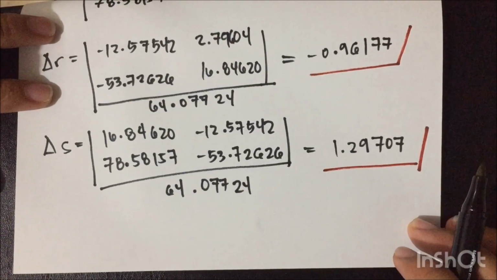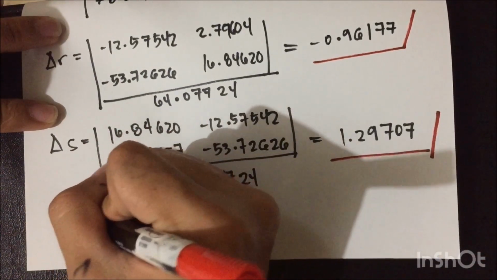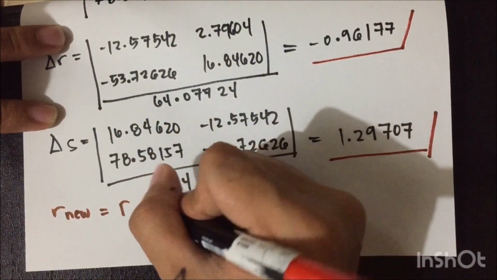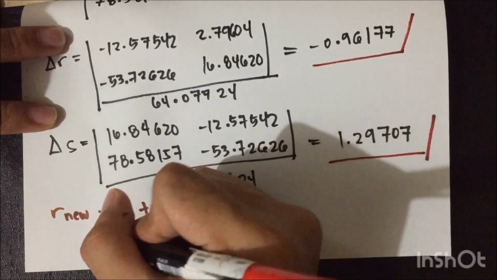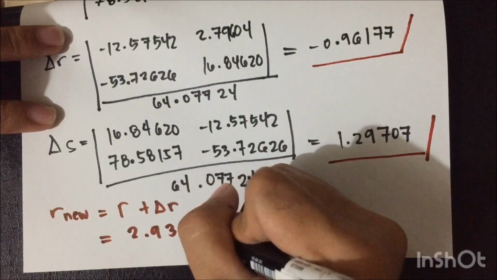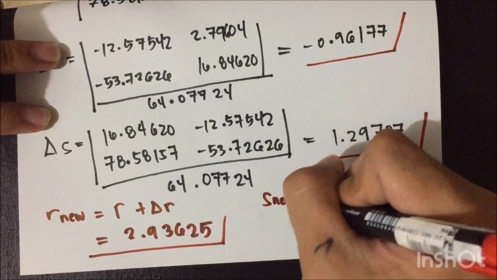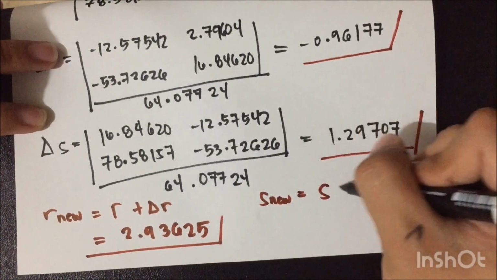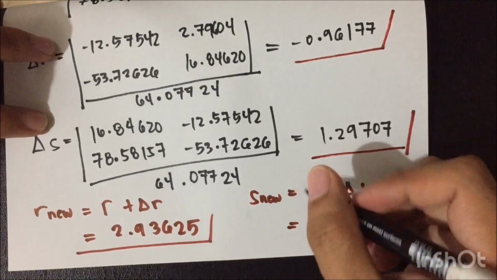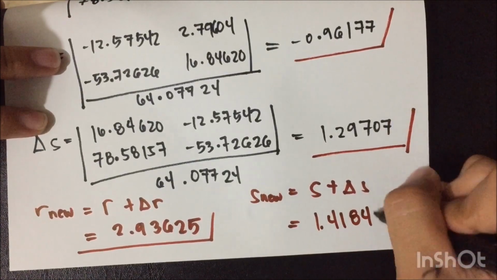Then, sa pagkuha nating panibagong R, is pagtasin lang natin yung dating R natin at yung delta R, which is equal to 2.93625. Ating bagong S, dating S plus delta S should be equal to 1.41843.